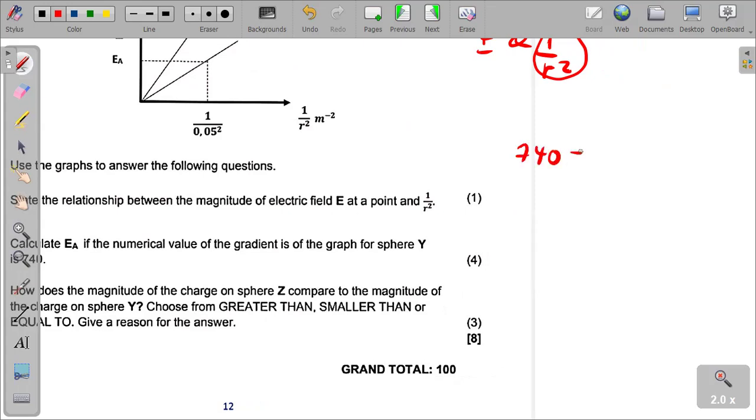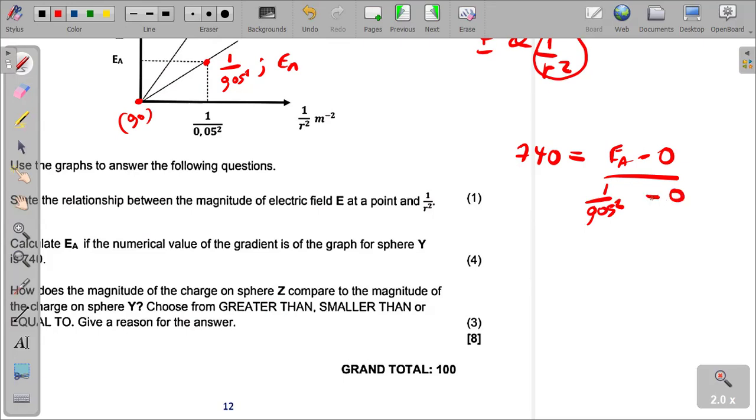We imitate the calculation that we can have for our gradient. So we say this point here, we have coordinates 1 over 0.05 squared, EA. And then we have another point here, 0, 0 at the origin. So we are using these 2 points to calculate the gradient. So we'll say EA minus 0 over 1 over 0.05 squared minus 0, right?